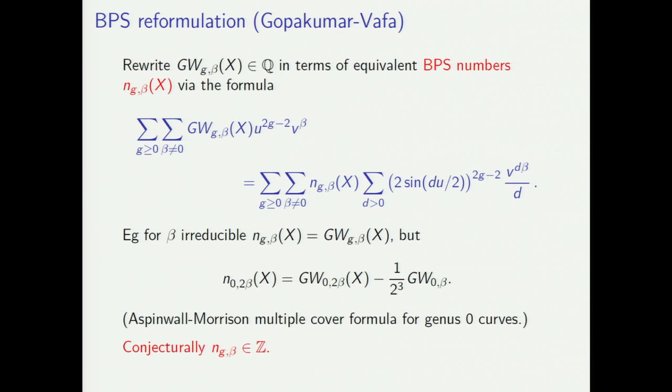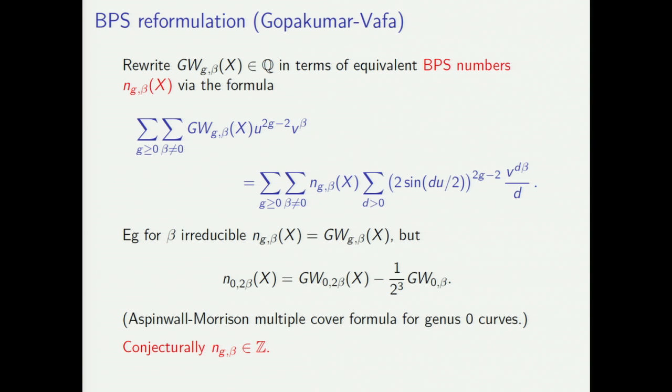But then if I go to 2 times an irreducible class, what this formula gives you is the Aspinwall-Morrison multiple cover formula. So what you find in genus 0 is that the Gromov-Witten theory in 2 times this irreducible class is what you would expect from the Aspinwall-Morrison formula.